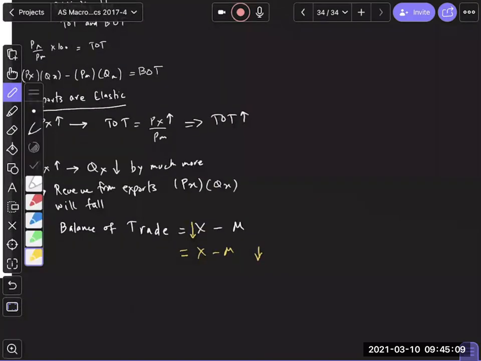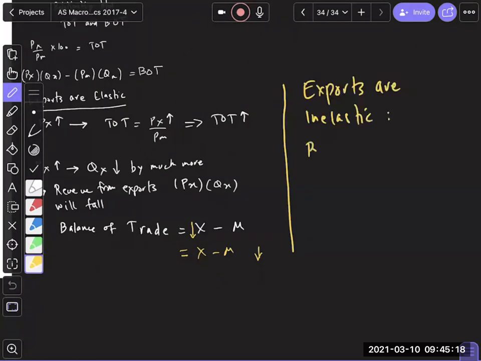When the exports are inelastic, and the price of exports goes up, terms of trade will definitely go up.